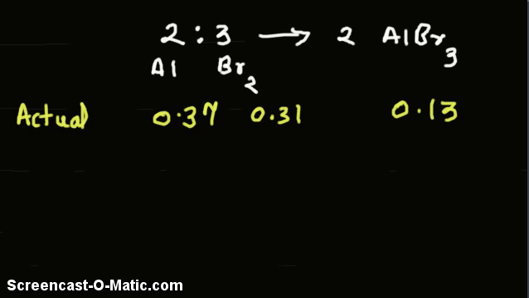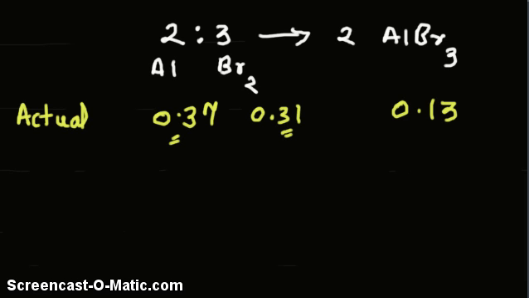Now let us find which is in excess, and the opposite one, which is not in excess, is the limiting reagent which is fully consumed.